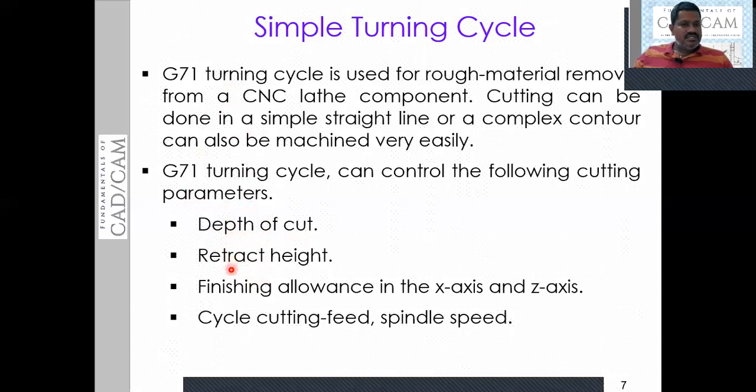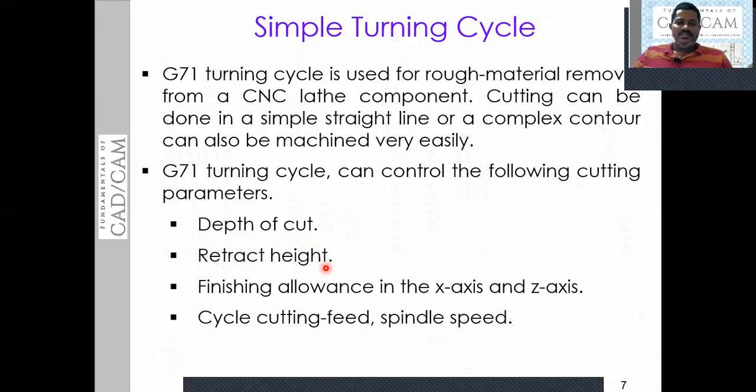Then we need to give the retract height. A cycle consists of a number of passes. After completing one pass, the tool needs to come back and be placed at a certain height to execute the next pass or cut.